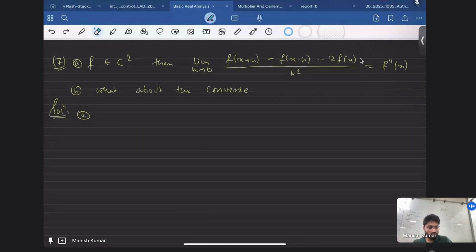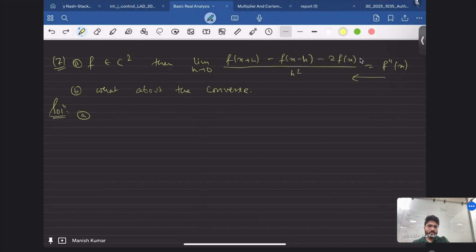Yes, sir. You have written f of x plus h, or f of x minus h, the second term, sir. What is the second term? f of x plus h minus f of x minus h.